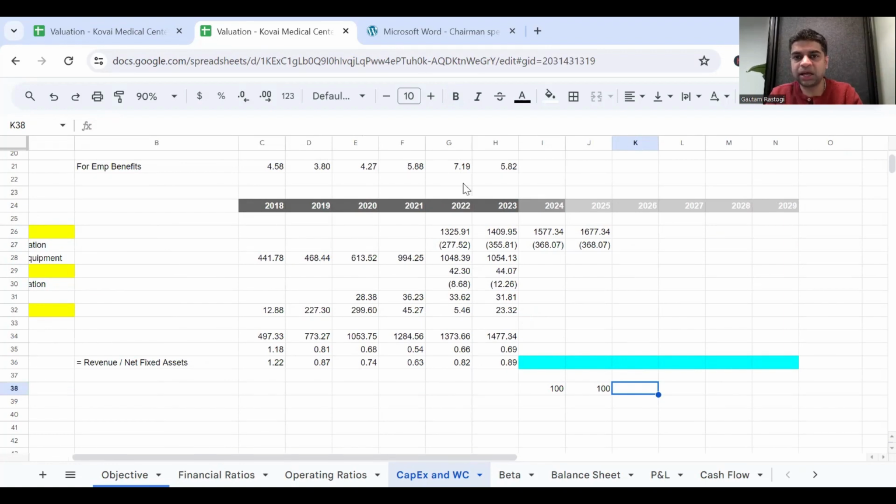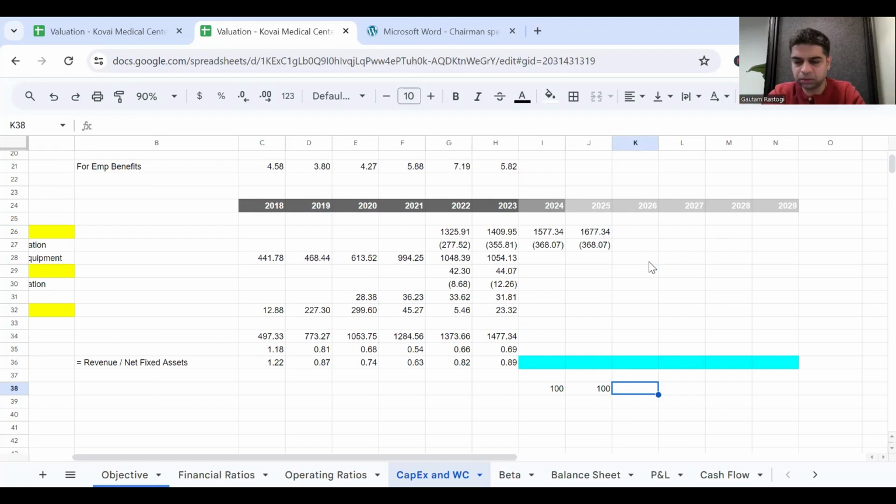Since the company has not made any explicit communication about any capacity addition, I'm assuming any capital expense would be maintenance or improvements for the next 5 years.